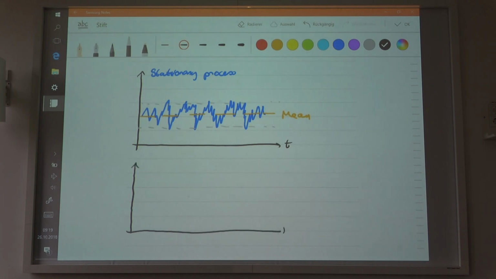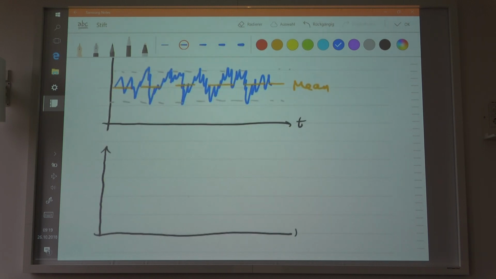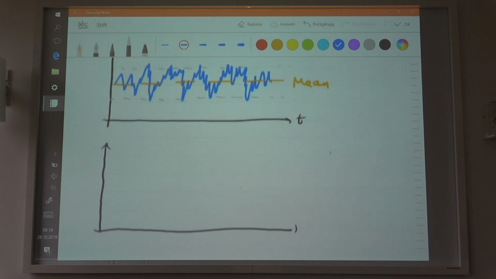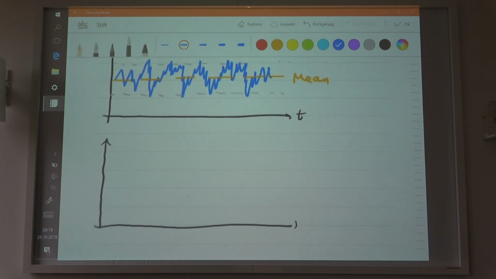I'm going to give you an example. Here the mean does not depend on time, but it could be something like this. Let's say you have a linear mean. That's the mean of the process, and the process just evolves around that.